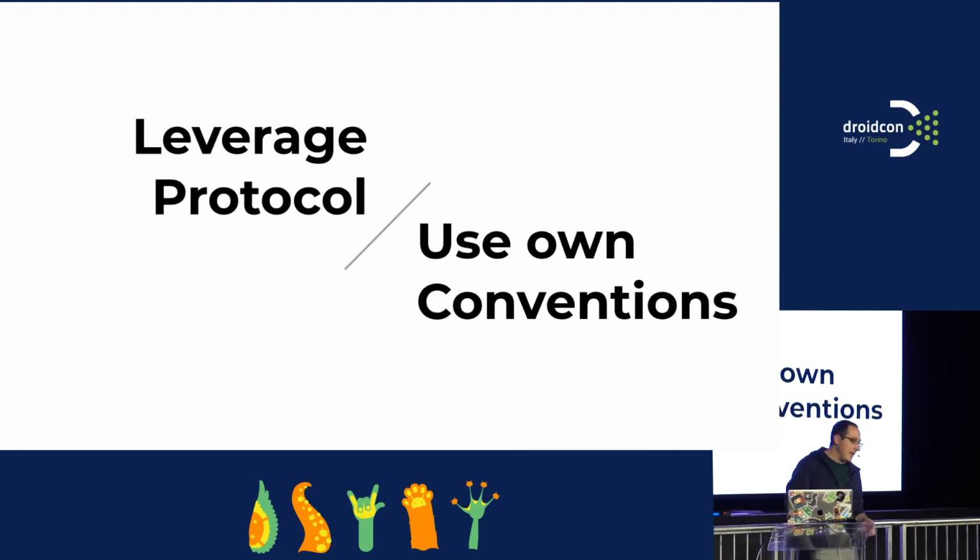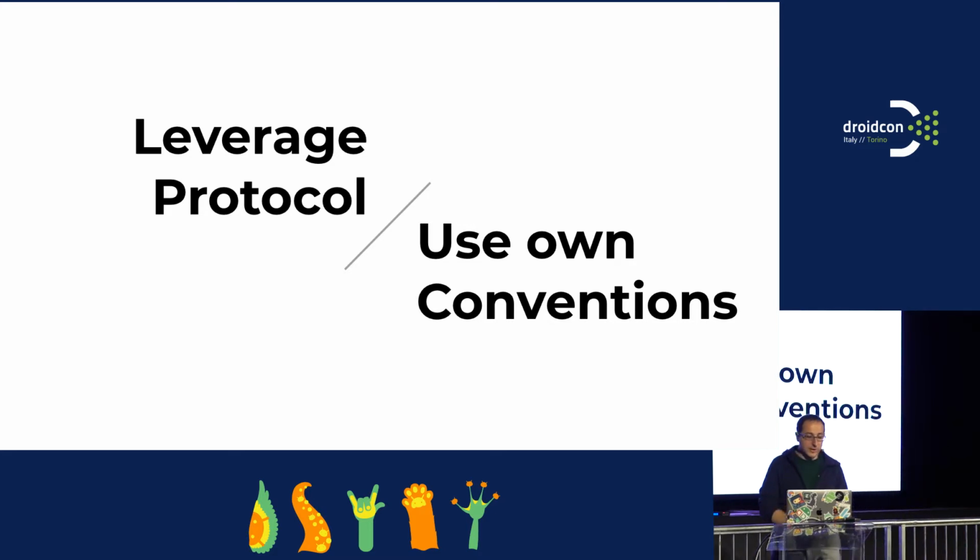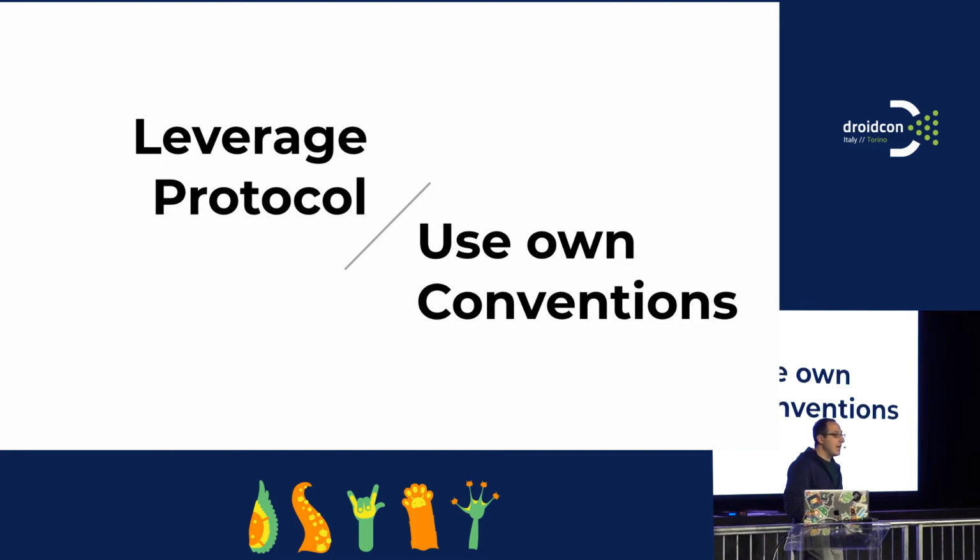Another thing that distances them even further is the fact that REST tries to leverage the protocol as much as it can. That means that it makes use of error codes, content types, cache, and all the things that are available on the underlying protocol. While GraphQL somehow enforces its own conventions.